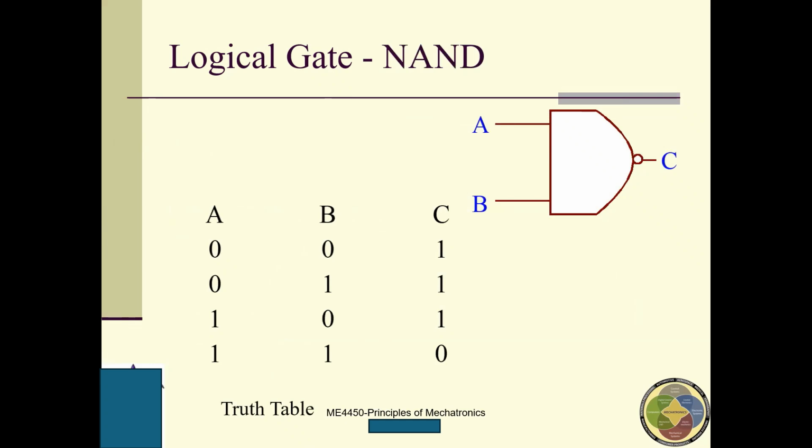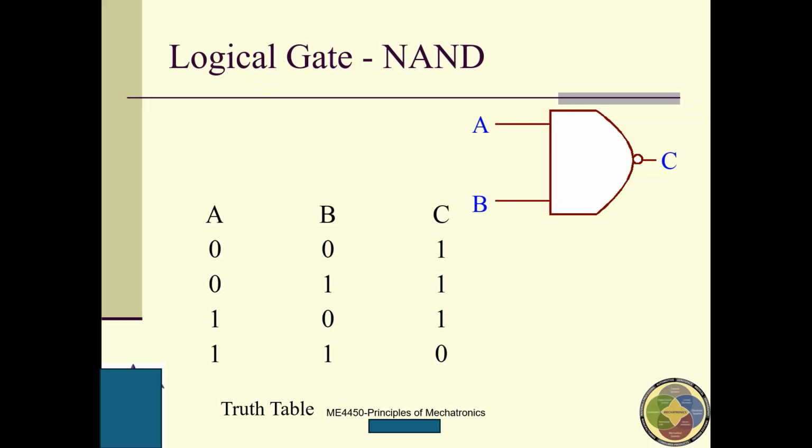Next one is a combination of these previous two gates, NOT and AND. So you can see, if this circle is not there, it will be an AND gate. But if there is an empty circle, this is a combination of the AND gate and the NOT gate. You can see it's just the opposite, okay? For the AND gate, only if your inputs are both 1 will you get 1. But there is a NOT there, just obvious.